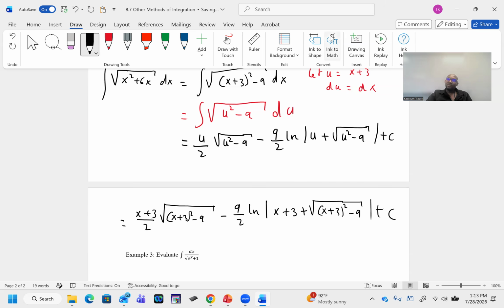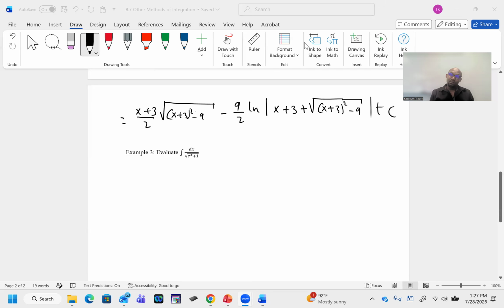To evaluate this integral, we will do substitution. We might do more than one substitution. First, let u be equal to e to the power of x.